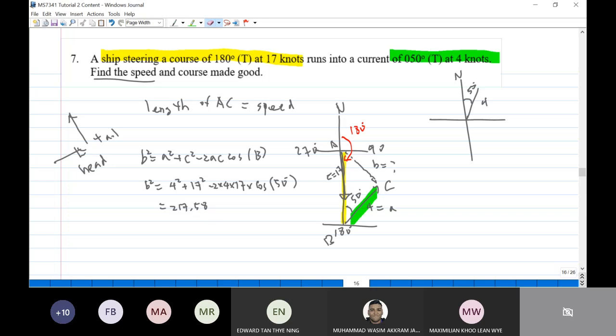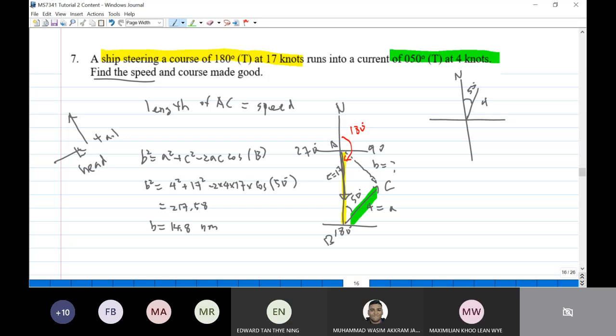Take the square root of B squared, so square root gives 14.75, so 14.8. So B is equal to 14.8 now. So this is how the speed of the ship is reduced from 17 to 14.8 because of the current.